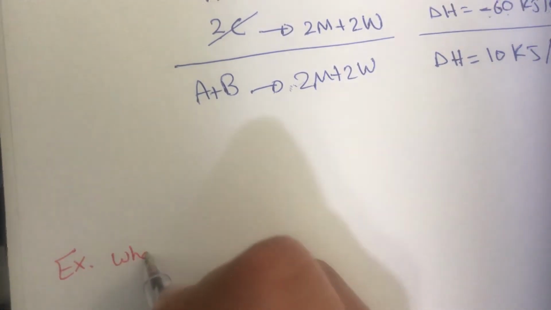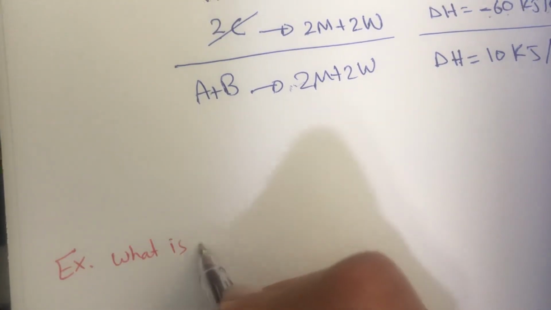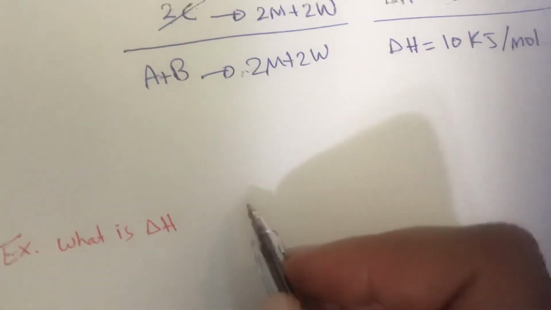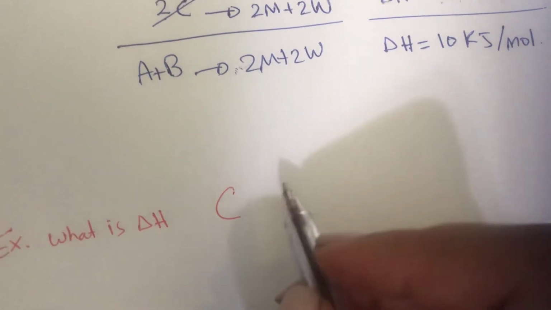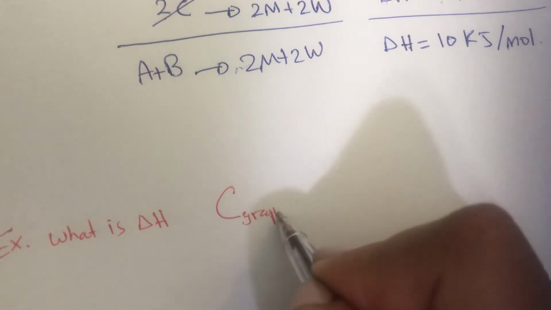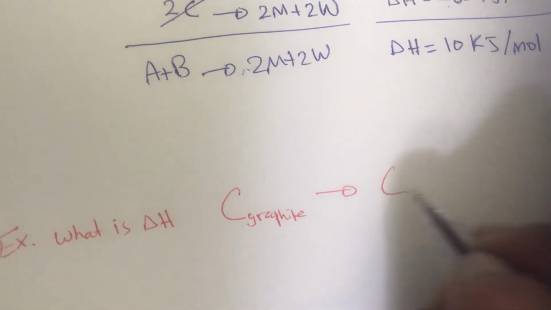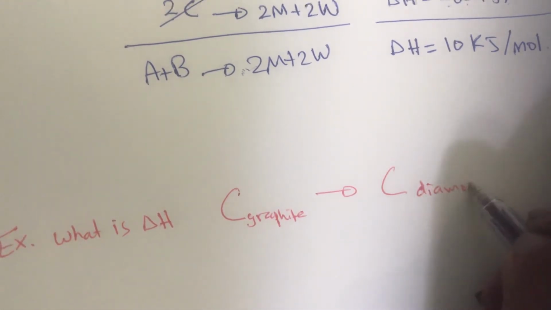What is delta H for the reaction carbon as graphite to carbon as diamond?